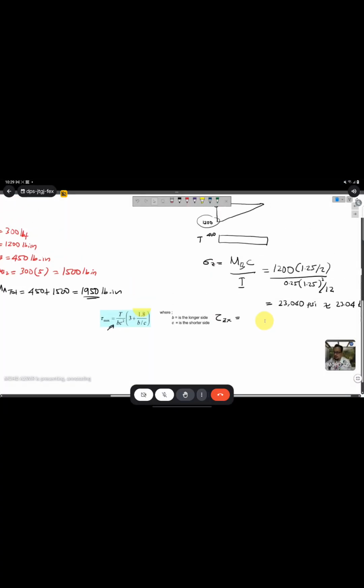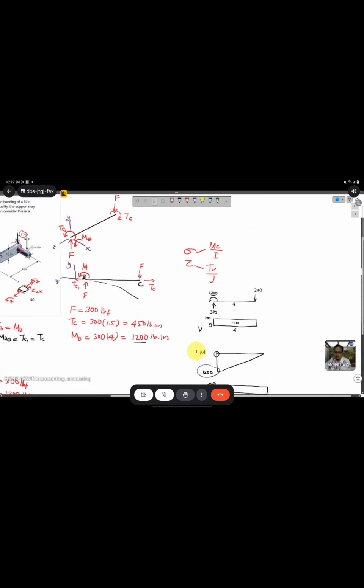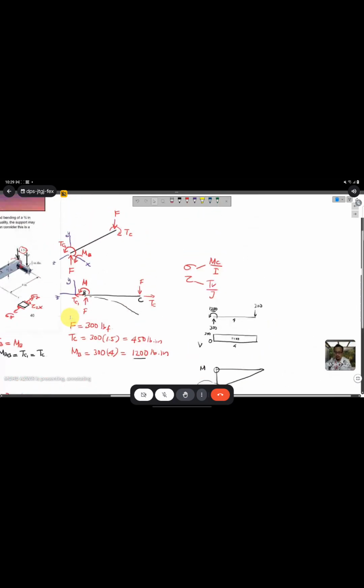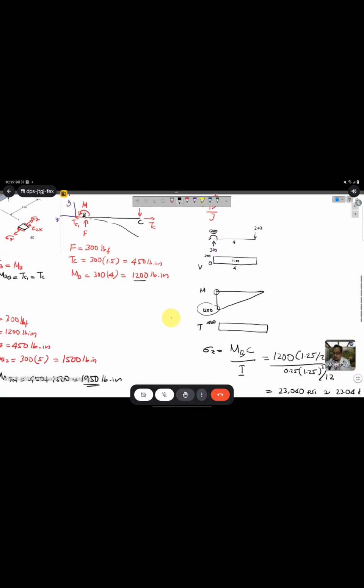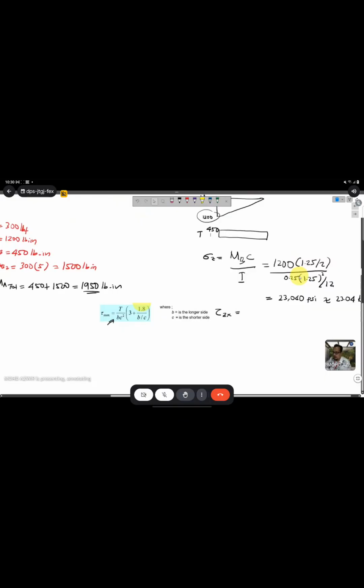Okay, so T is 450. Sorry, I made a mistake here. T is 450 divided by B, where B is the longer side and C is the shorter side.